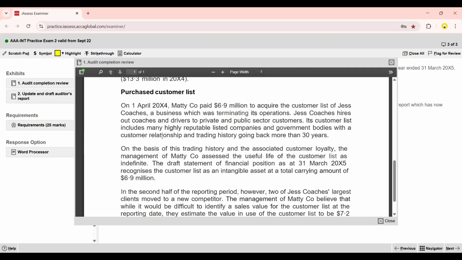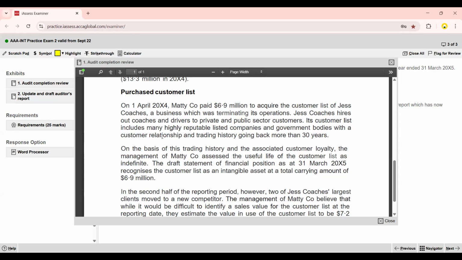J's Coaches hires out coaches and drivers to private and public sector customers. Its customer list includes many highly reputable listed companies and government bodies with a customer relationship and trading history going back more than 30 years.